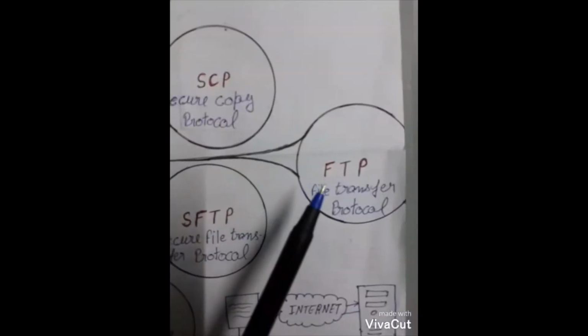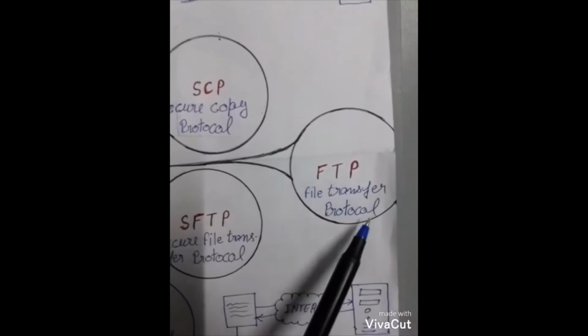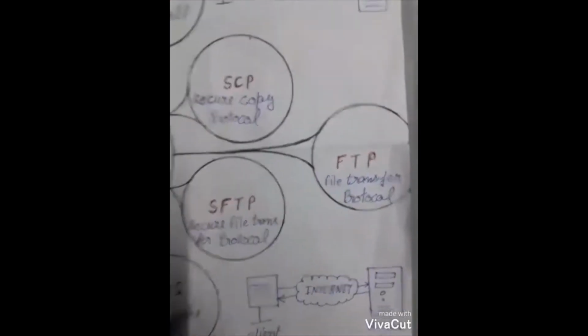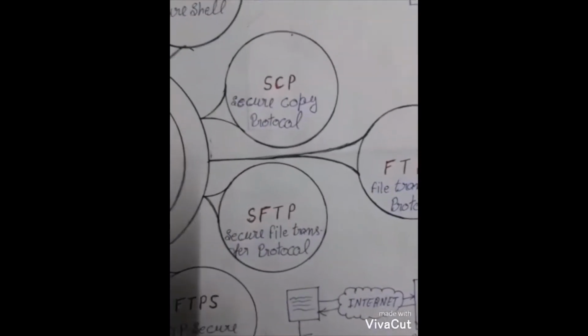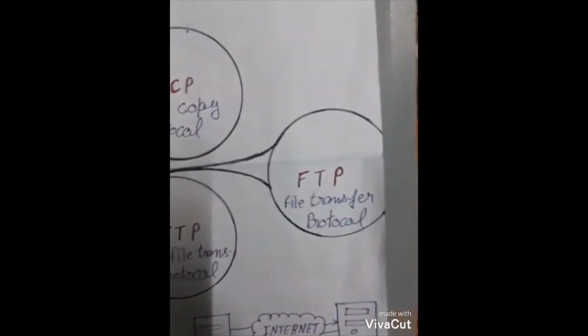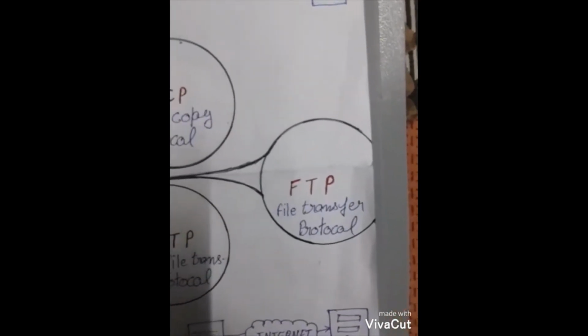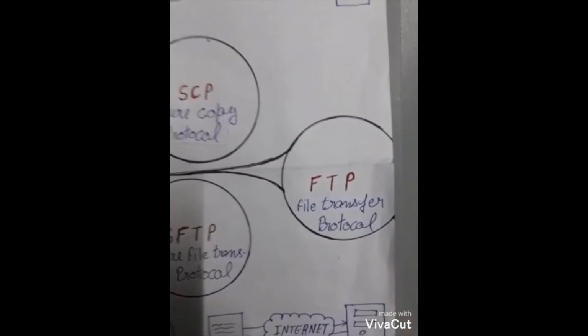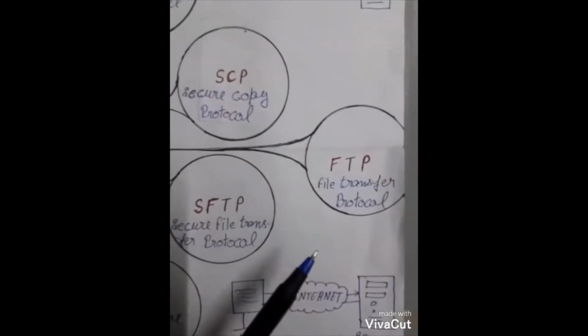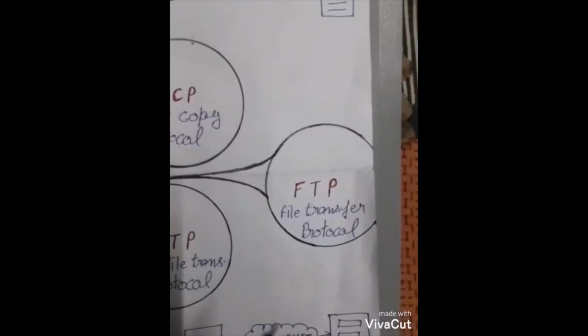Now the topic is File Transfer Protocol, which is called FTP. Basically it is a process of transmitting files over the internet, and it controls the transfer of files between two computers.